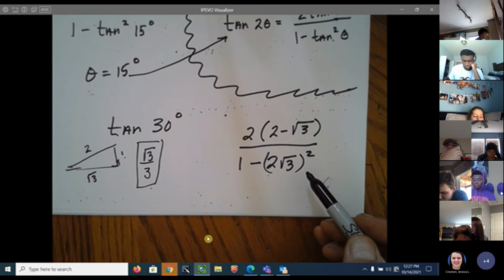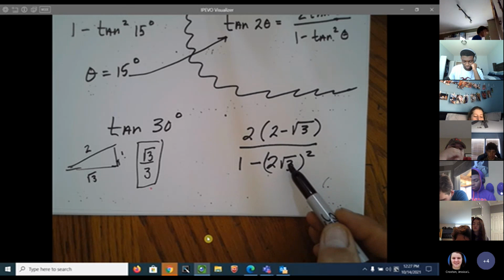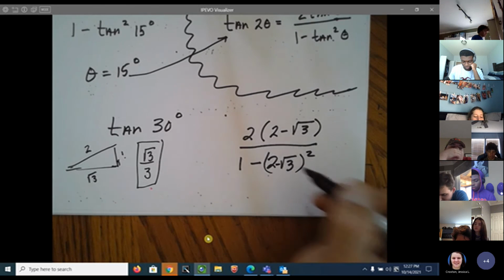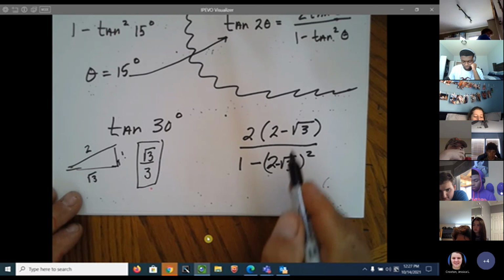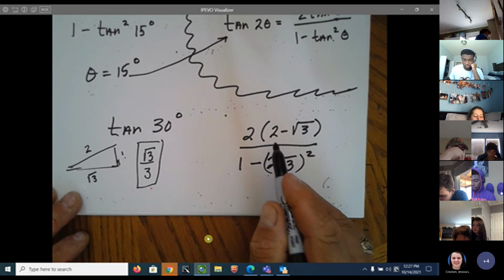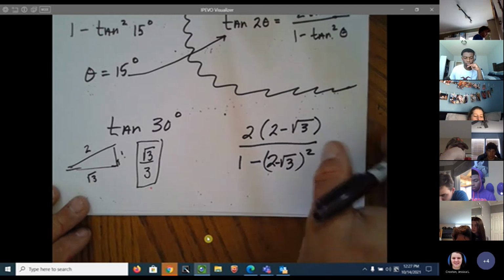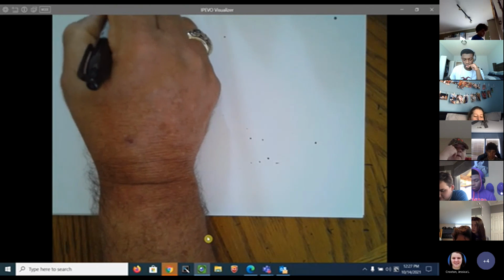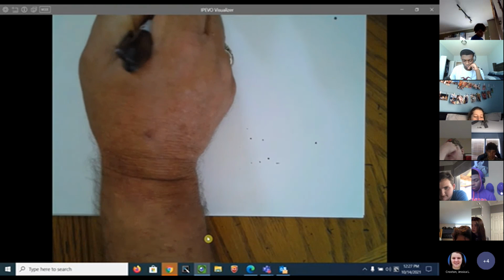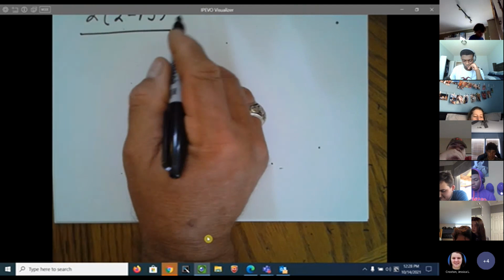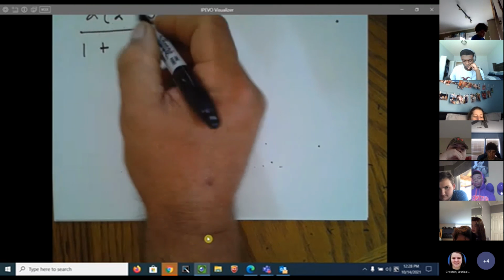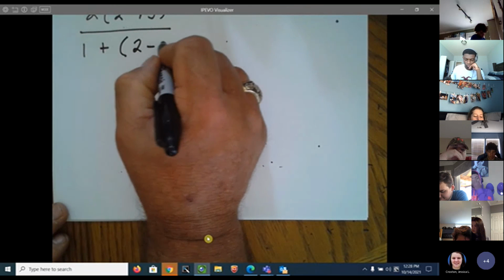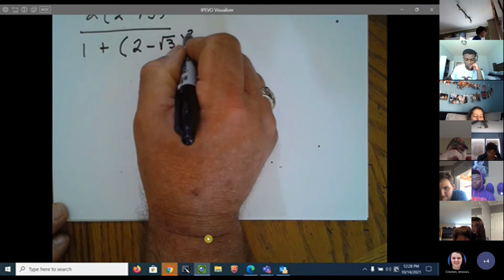Basically, that's 2 minus 3, sorry. I forgot about that. That's a minus. Okay, so that's going to be 2. Let me go to the next page. 2 times 2 minus square root of 3 over 1 plus parentheses 2 minus square root of 3 squared.